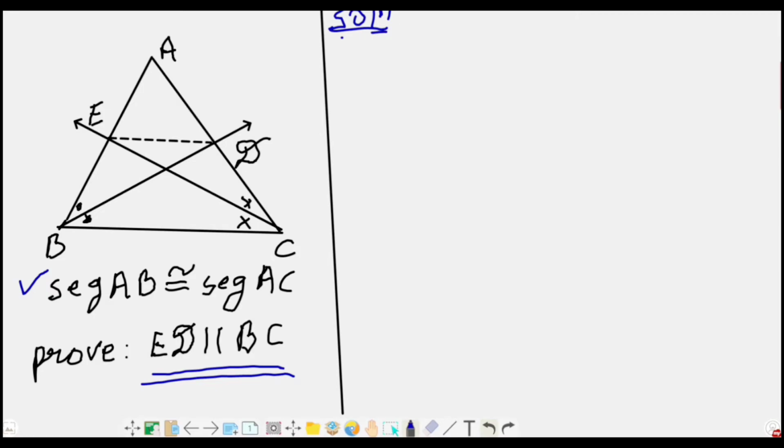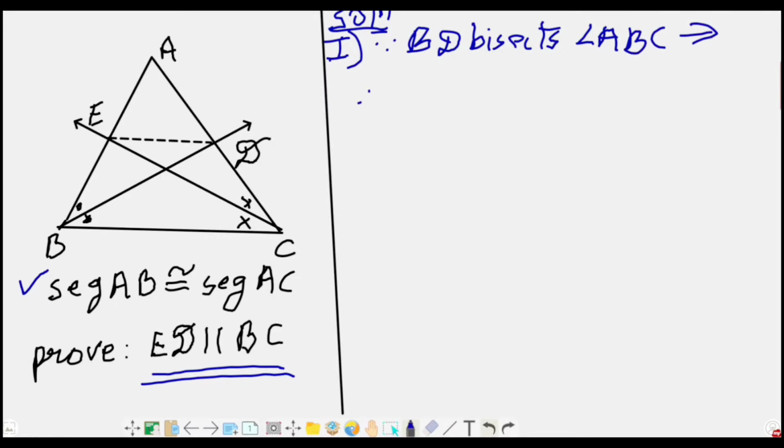How do we have to apply? Since BD bisects angle ABC, this is what is given. Therefore, when you apply, the remaining sides are AB and BC.